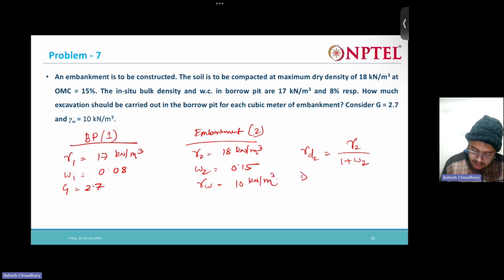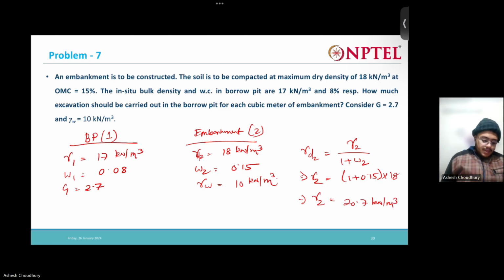So from here, this bulk density of 2, that is at the embankment, we can find out whatever we need to maintain. 1 plus 0.15 into 18. Okay, this is the dry density. So the bulk density at 2 is 20.7 kilonewton per meter cube.